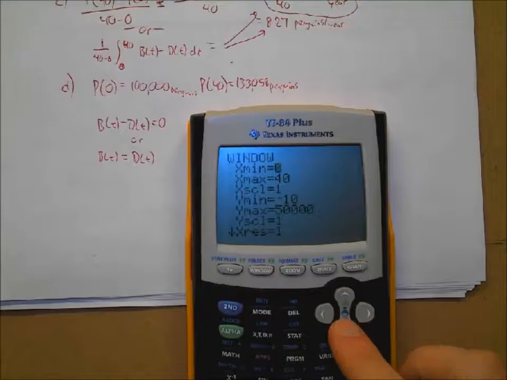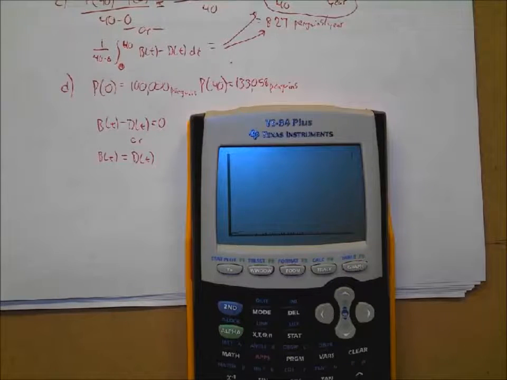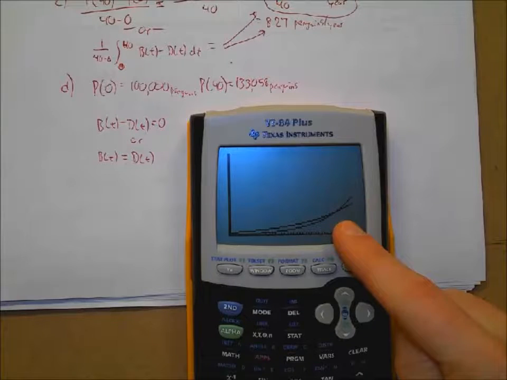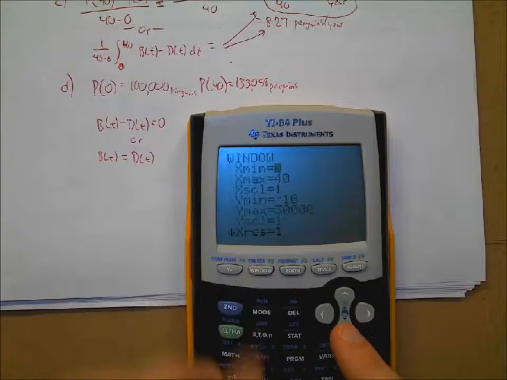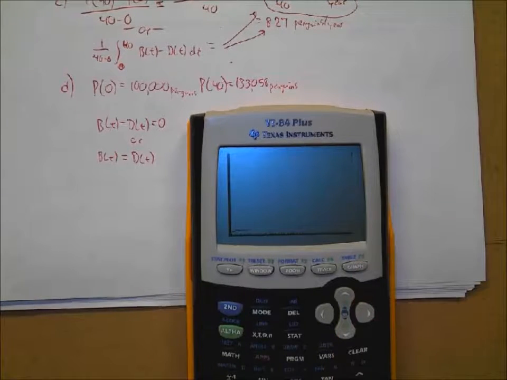So let me go down to like 30,000. So it looks like it crosses just once, right? I'm going to adjust my window just a little bit more. Okay, yeah, looks like it crosses just at one point.